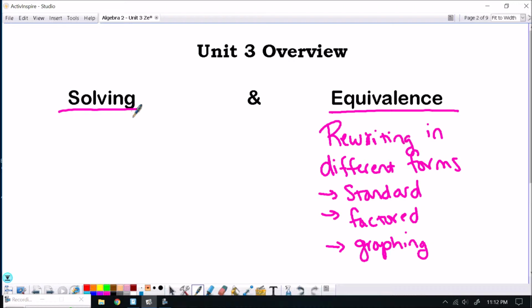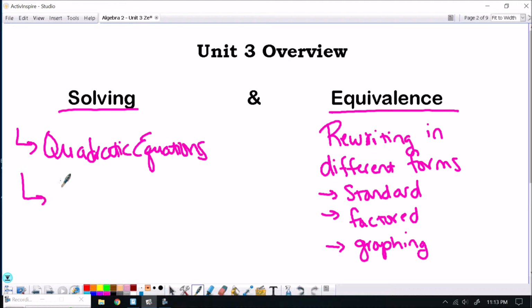Solving, on the other hand, is where we take an equation and we solve for an actual variable. Most of the time, specifically for our quadratic equations that we've been working with, we're looking at x and y. However, there could be other equations that may be a little bit more complicated that do not involve solving for x and y.